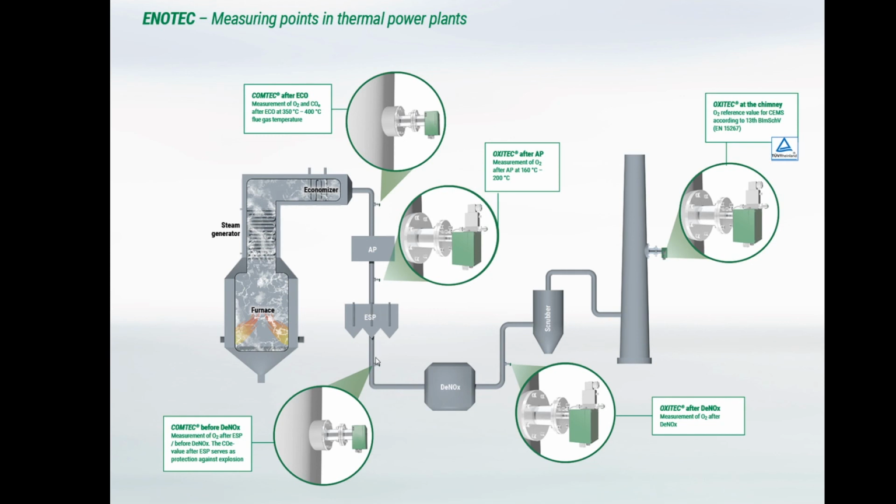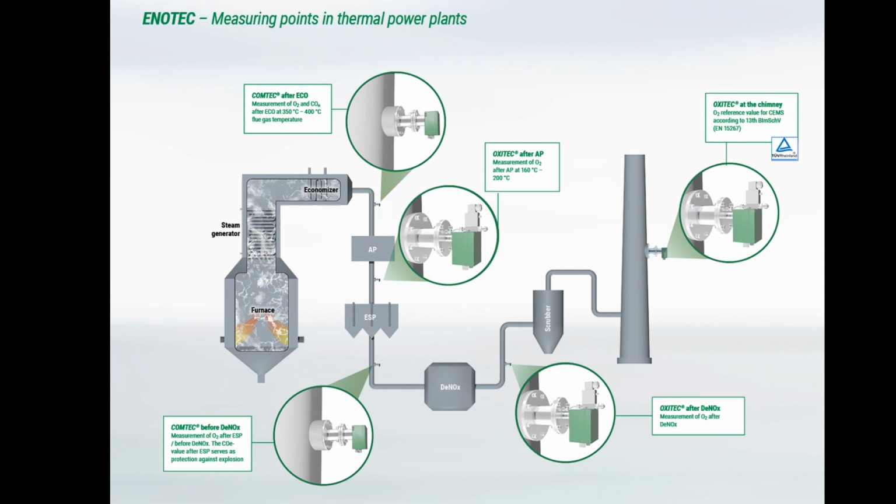After the electrostatic precipitator, the O2 measurement serves to monitor potential leaks. Using the Comtech analyzer at this point is for safety monitoring and explosion protection. After denox, the O2 measurement is an indicator of the effectiveness of the SCR denitrification.